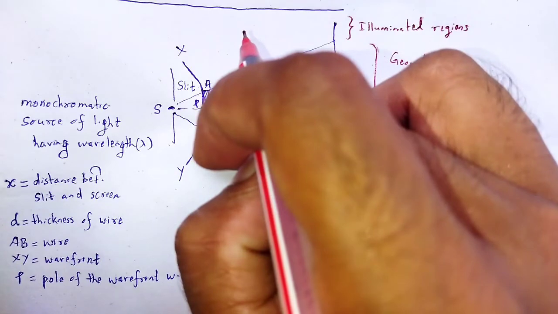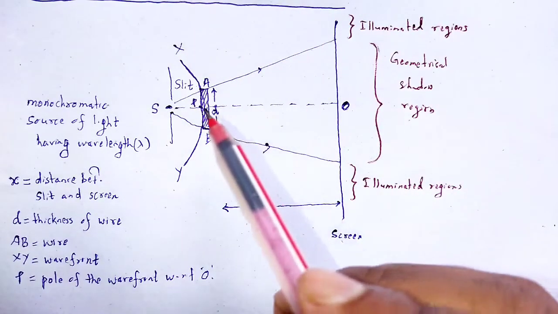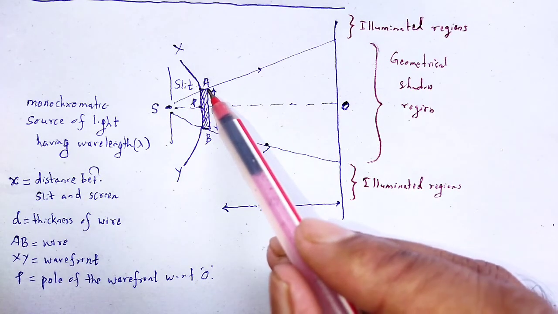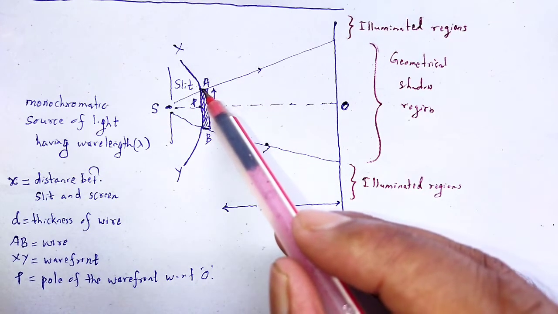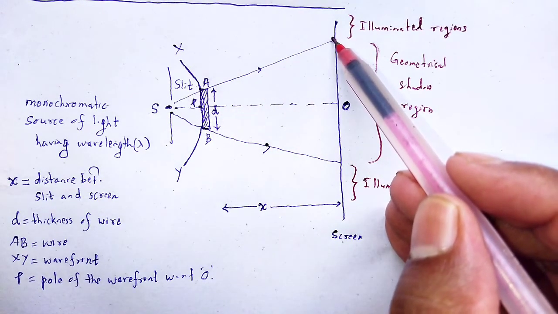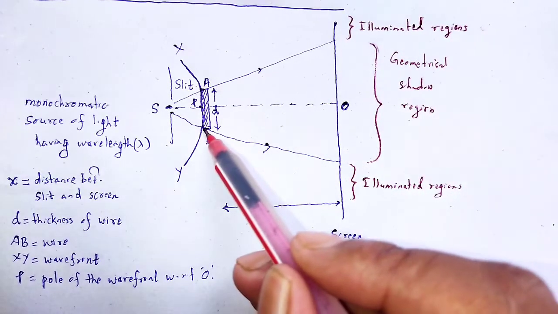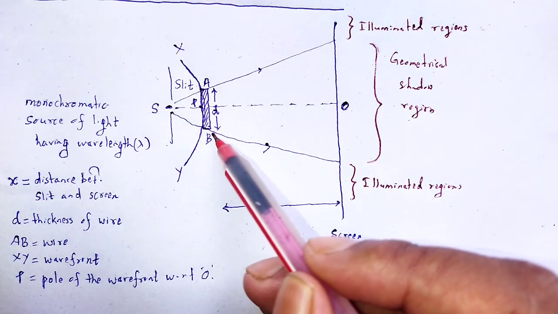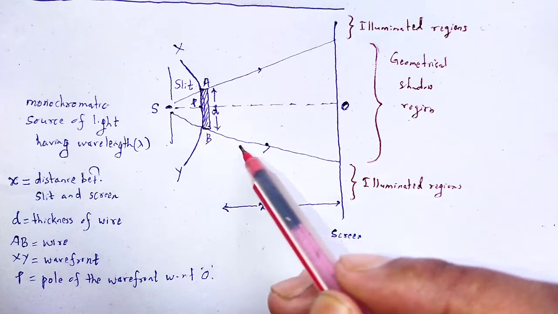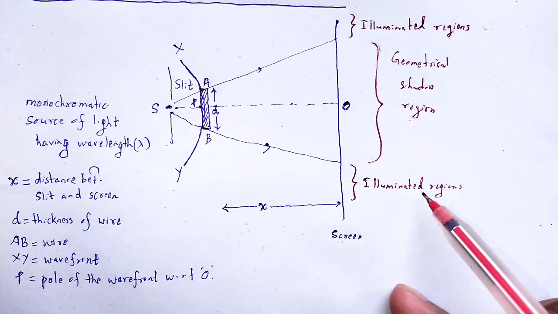This portion also acts as a straight edge. So, diffraction at a straight edge is introduced in this particular case. Due to that straight edge we have diffraction inside the illuminated region, and again at that portion, due to diffraction at a straight edge, we also find the diffraction pattern in the illuminated region.